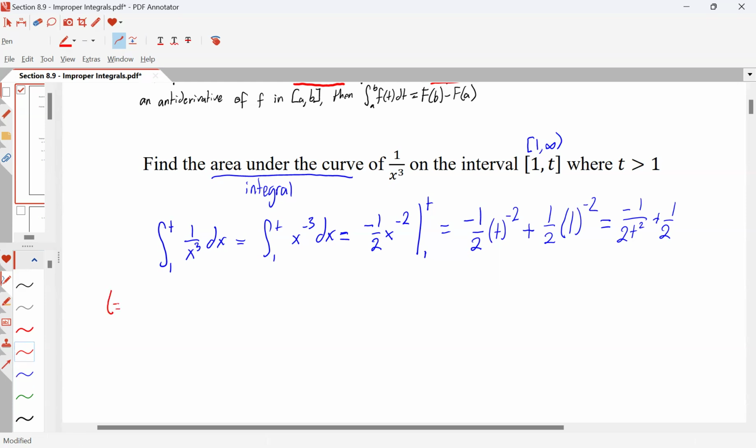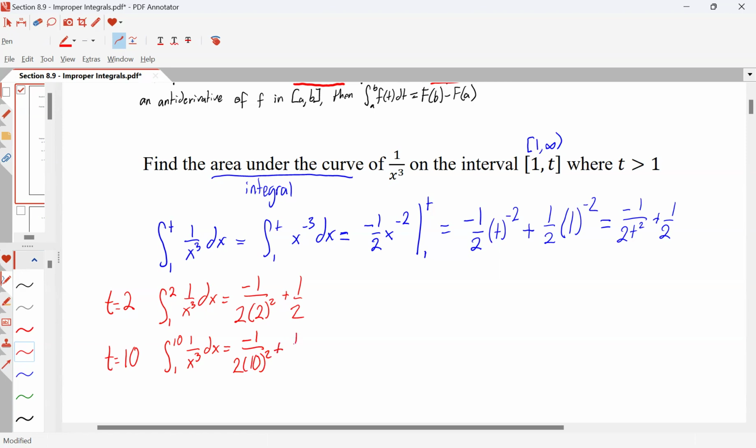If t equals 2, then the integral from 1 to 2 of 1 over x cubed dx is negative 1/(2 times 2 squared) plus 1/2. If t equals 10, we get the integral from 1 to 10 of 1 over x cubed dx, which would equal negative 1/(2 times 10 squared) plus 1/2.